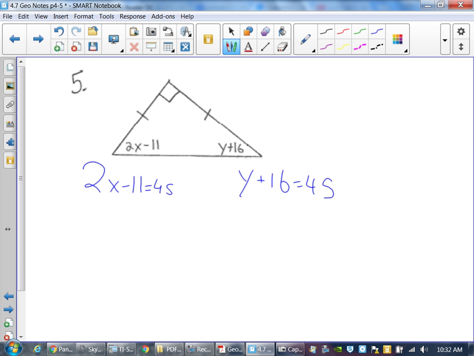And write it out. Guys, I cannot stress the importance, whenever you're doing these algebra problems, of making sure that you write down what you're doing. Because that way I can tell, let's say you wrote down y minus 16 equals 45 by mistake. You solve for y correctly.